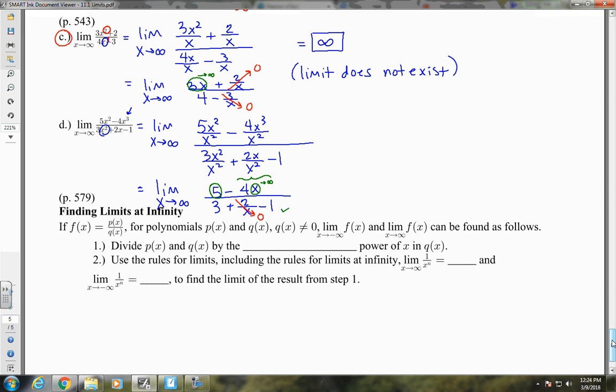Therefore, our limit is negative infinity. Again, technically, the limit does not exist. I'm going to abbreviate DNE for does not exist. But we could say the general behavior of the graph is that as x gets larger and larger without bounds, the y values head towards negative infinity.